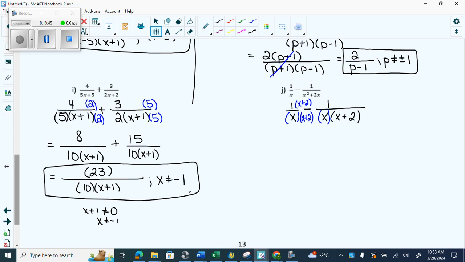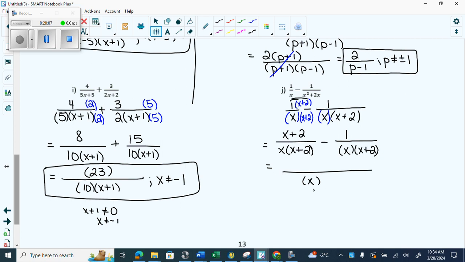All right. For this one, we get 1 distributed in, so we get x plus 2 over x plus 2, minus 1 over x plus 2. So we get x plus 2 in the denominator.